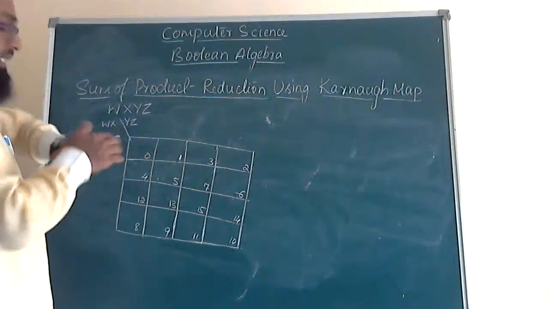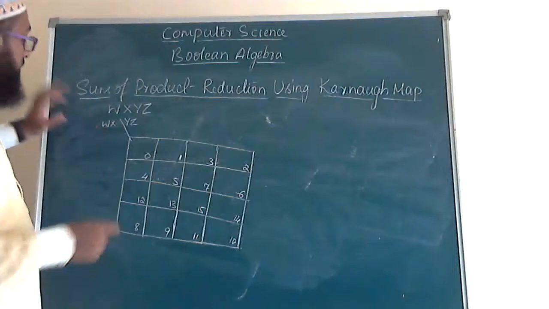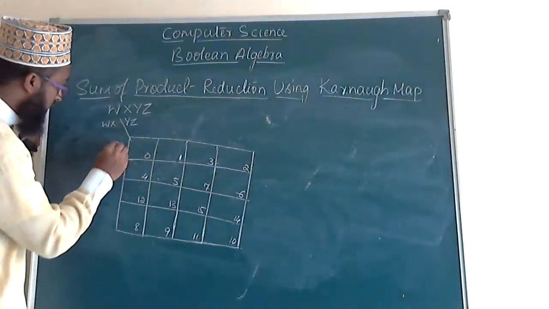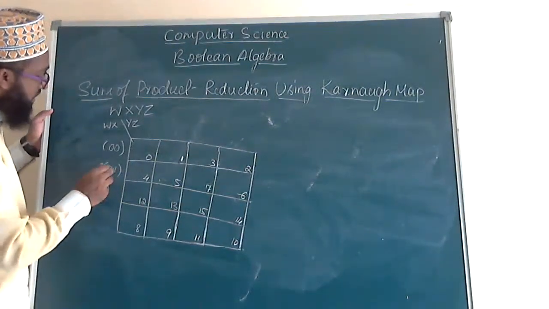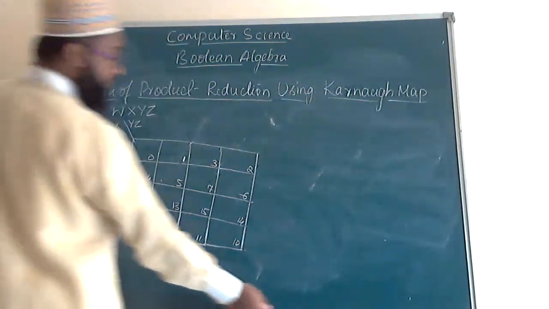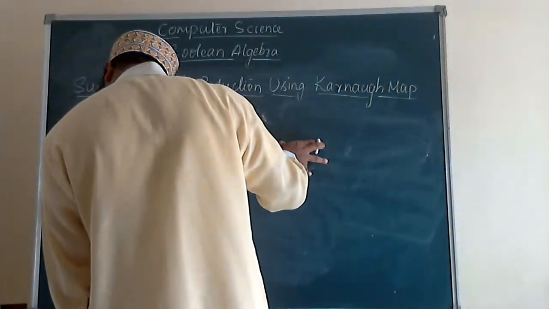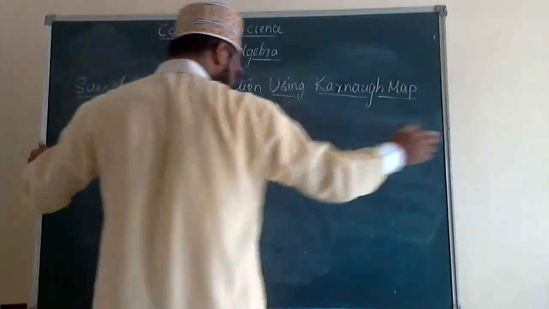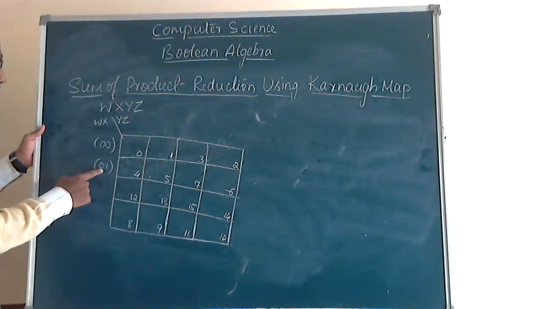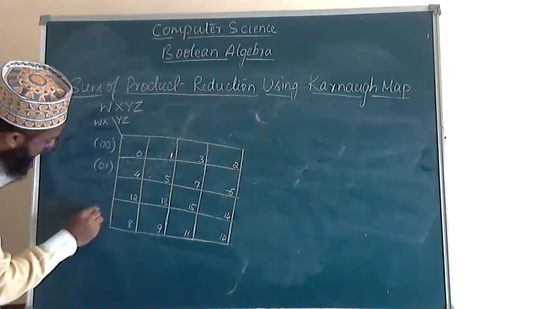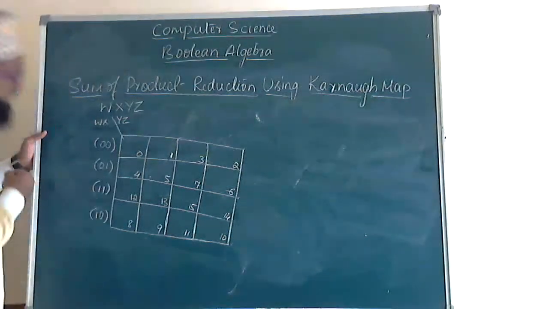Here WX is there. WX means 2 variables are there, so what will we do? We will take 2 zeros: 0 0, then 0 1. After 0 1, we need to come down: 1 0, then we write 1 1 here.